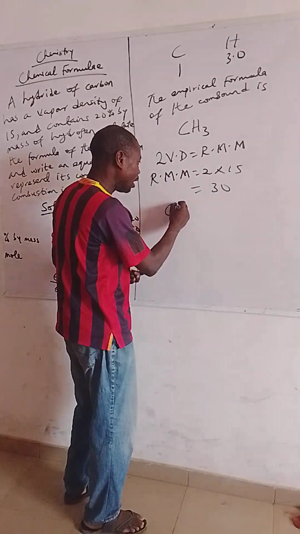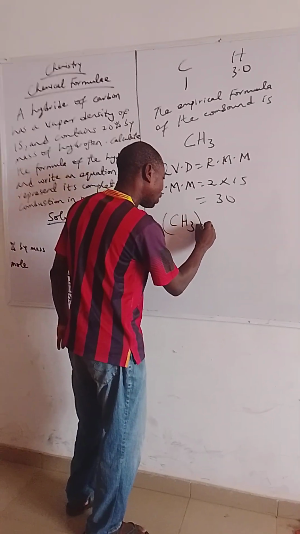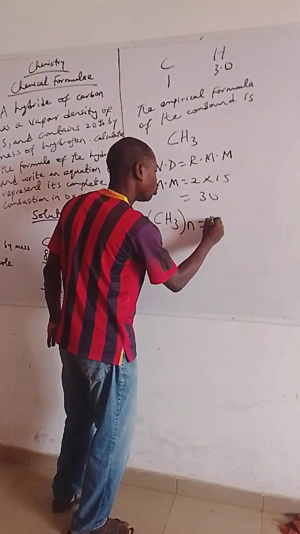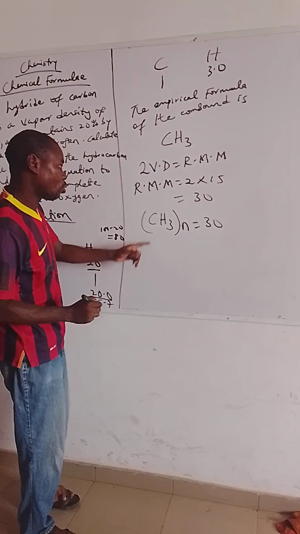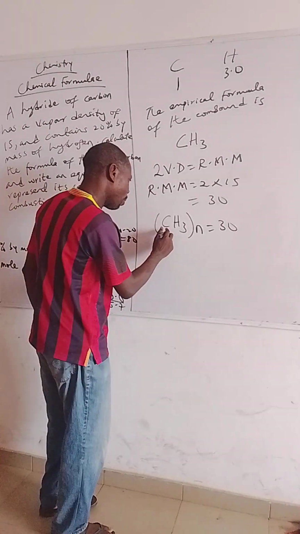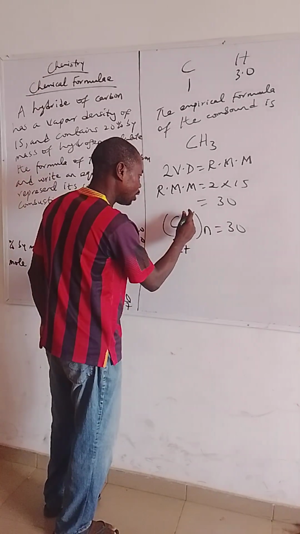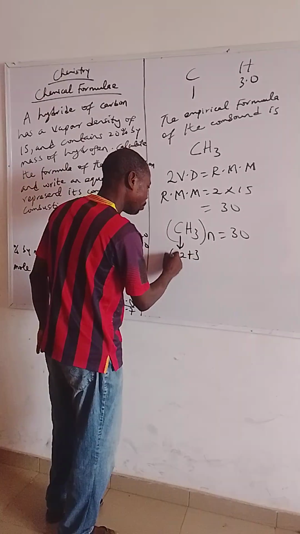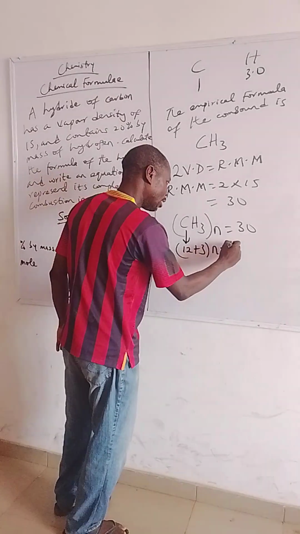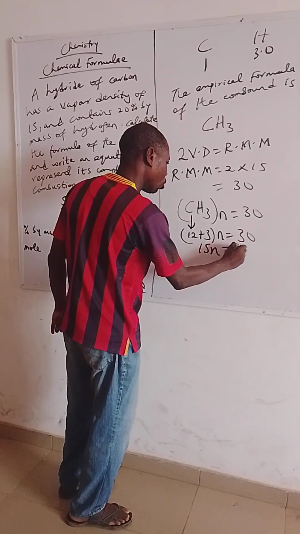How do I get the molecular formula? I will just say CH3 multiplied by an unknown N is equal to 30. I'm going to expand this using their atomic masses. The atomic mass of carbon is 12. The atomic mass of hydrogen is 1, 1 times 3 is 3. Multiplied by N is equal to 30. 12 plus 3 is 15N equals 30.